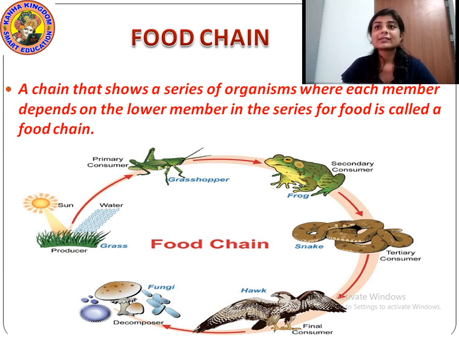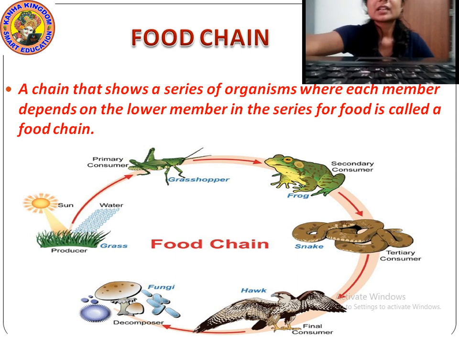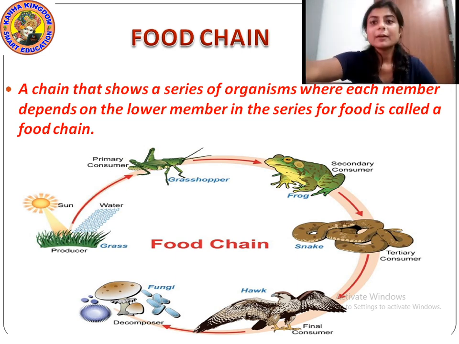Then there is secondary consumer, which is bigger than the primary consumer, which eats the primary consumer. The secondary consumer is eaten by the tertiary consumer. And then this tertiary consumer is eaten by the final consumer. This is the food chain that occurs. Understood?